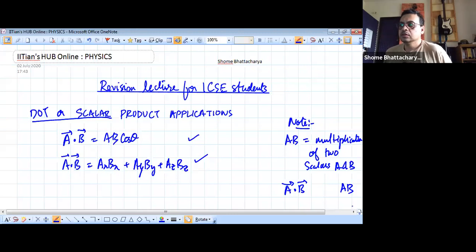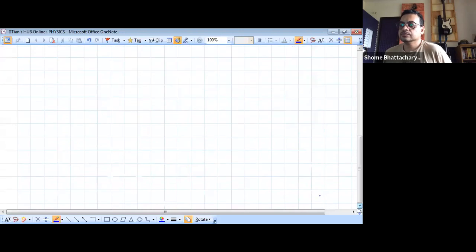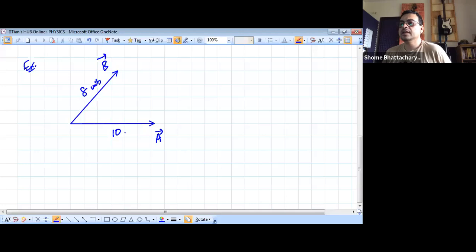Now, for example, if we have two vectors defined like this, one vector A has a magnitude of 10 units, one vector B has a magnitude of 8 units, and the angle between them is 37 degrees.